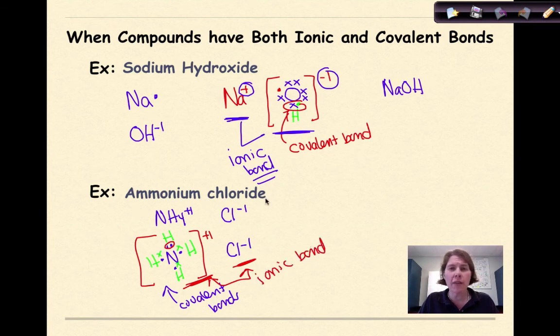So if I look at the formula for ammonium chloride, which is NH4Cl, I'm going to be able to say to myself, well, that's a polyatomic, it has covalent bonds, but the interaction between the ammonium and the chloride ions are ionic, so this has both types of bonds involved in its overall structure.